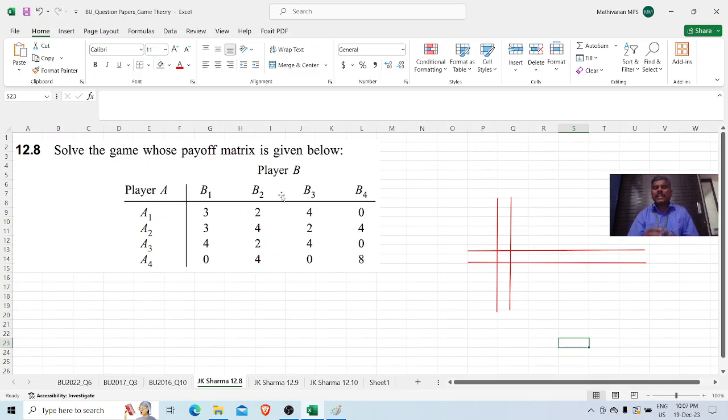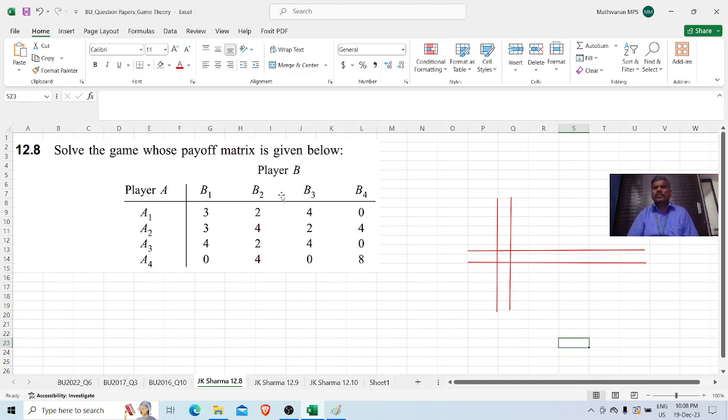First, we can use the max-min and min-max principle to see if there is a saddle point. If there is a saddle point, we can find the value of the game easily and suggest the optimal strategy.